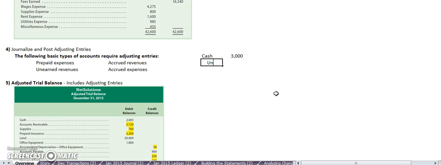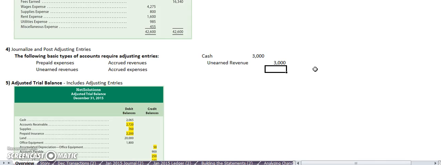This is a liability because now we owe this company 3 months of service, which they paid in advance. So that for us is a liability. And so we have a liability of $3,000 of unearned rent revenue.